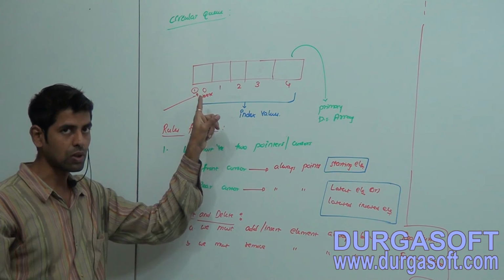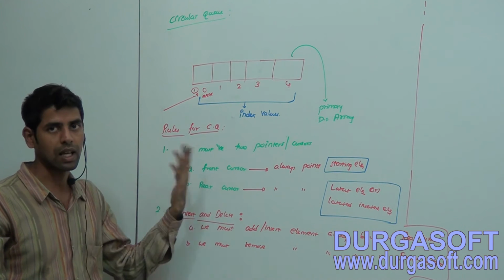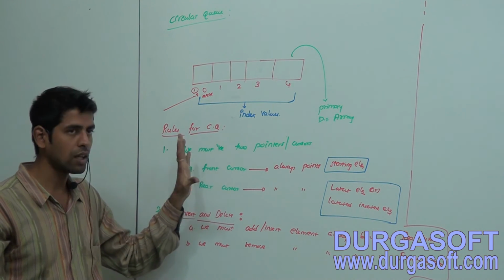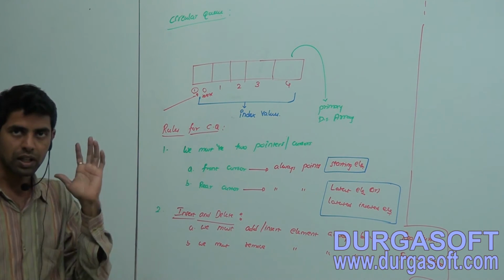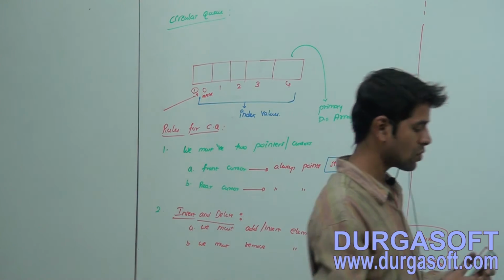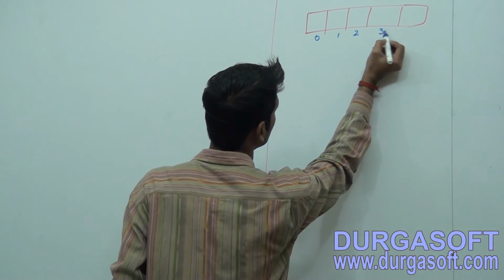These 2 things are our weapons, and we will blindly follow this idea. Everything will be in front of us; you are not required to put anything in your brain. So let me give the index values 0, 1, 2, 3, 4.